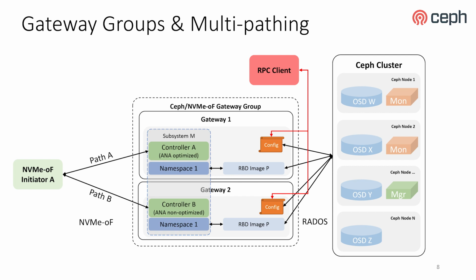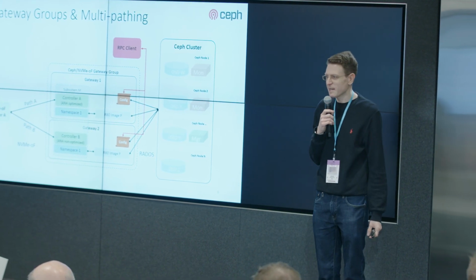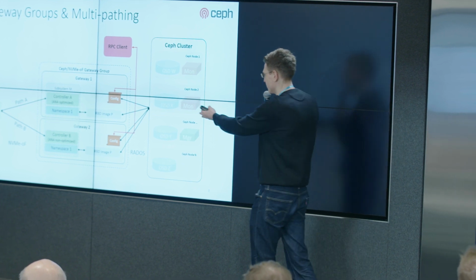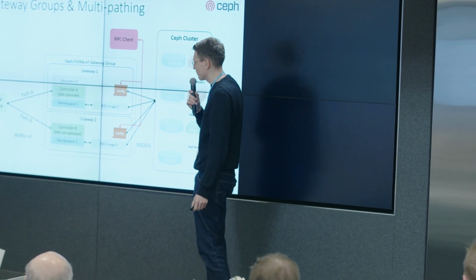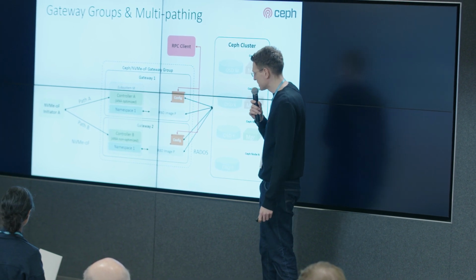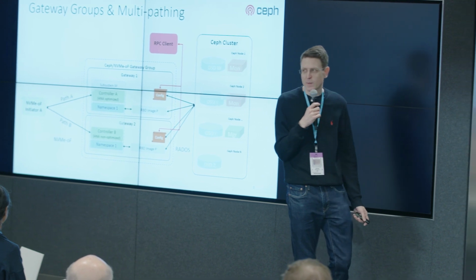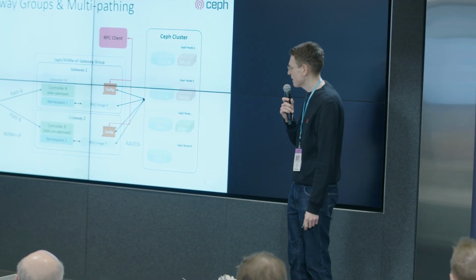That means we don't have erasure coding or anything like this natively supported. So we have to introduce multipathing for fault tolerance or to improve your performance. Obviously, NVMe-over-Fabrics has features for multipathing, which we leverage.